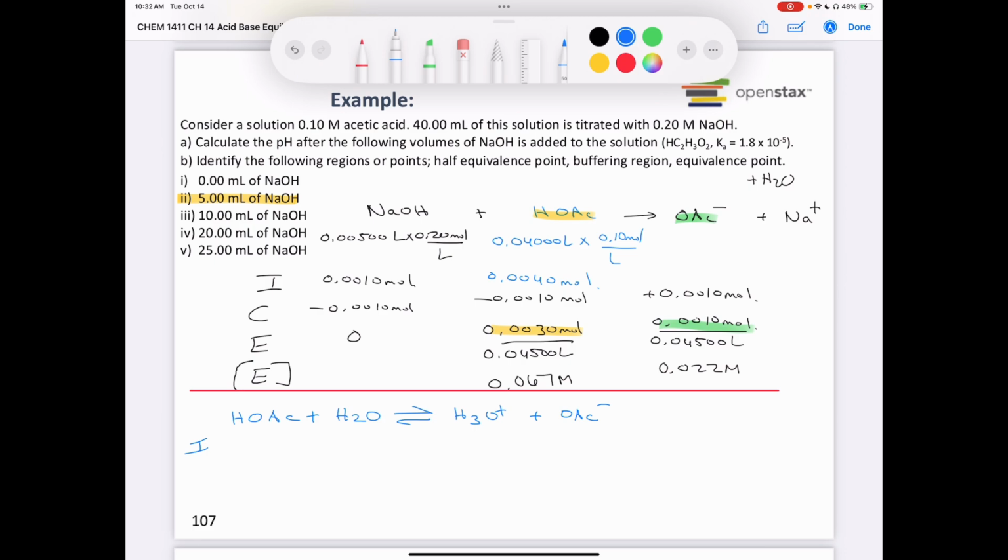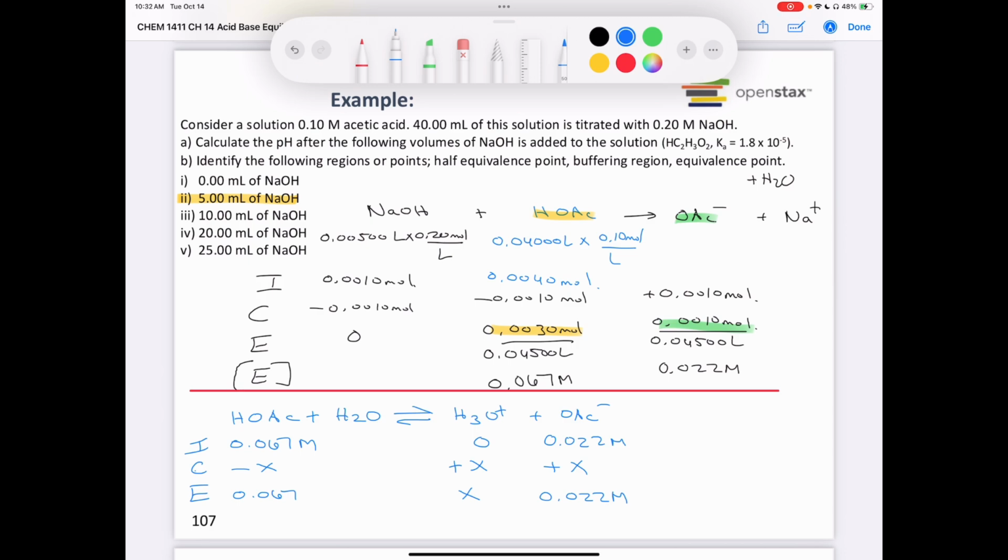Initially I have 0.067 molar here and 0.022 molar here. Now, if we're trying to find the pH, we are trying to find the concentration of hydronium. We're going to assume that initially we have none of that. So the equilibrium is going to have to go to the right in order to make some hydronium, some x. We're going to assume that x can be neglected, and we'll check that after.